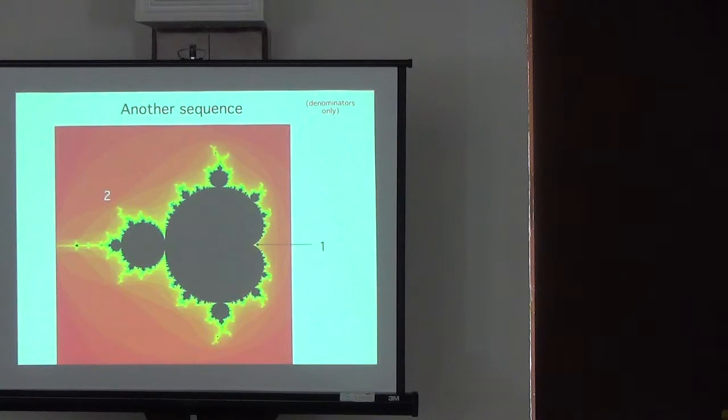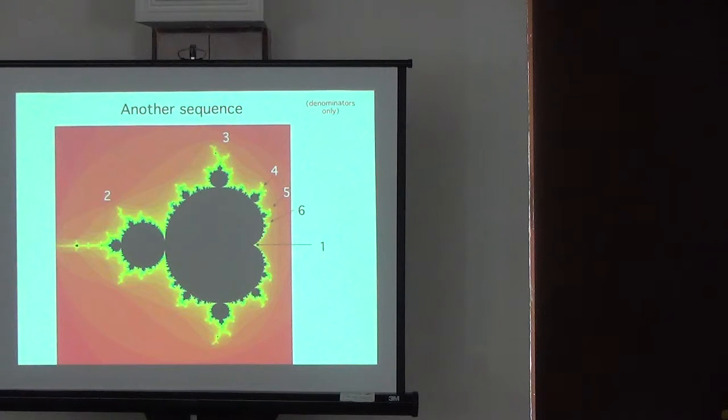Okay, let me just take the denominators here, not the numerators. So this is the 0 over 1 bulb, that's the 1 over 2 bulb. The largest bulb between the 1 and 2 bulb in the northern direction is this. Add those denominators, it's 3. The largest bulb between the period 1 and the period 3 bulb is the period 4 bulb. The largest bulb between 4 and 1 is 5.